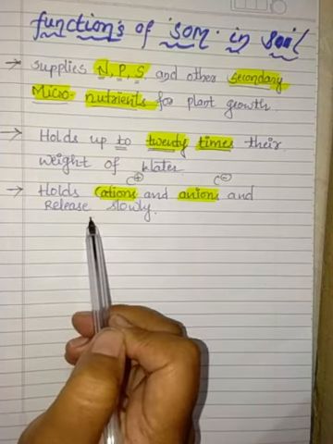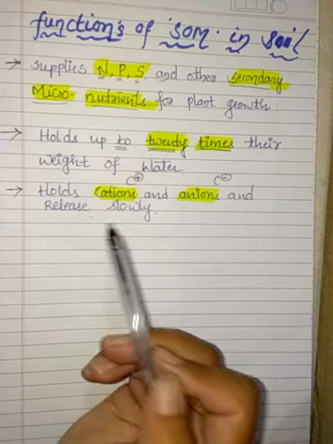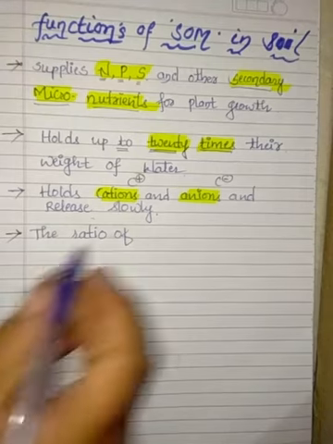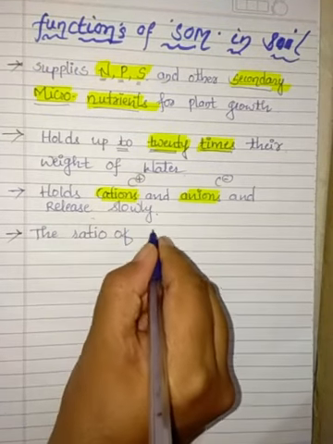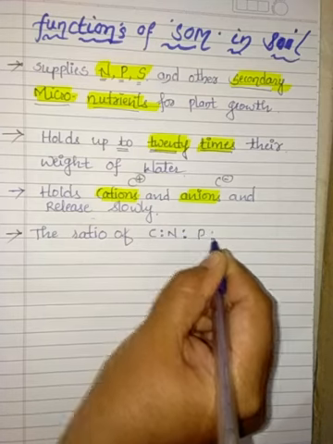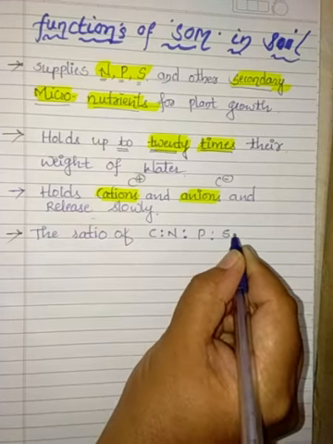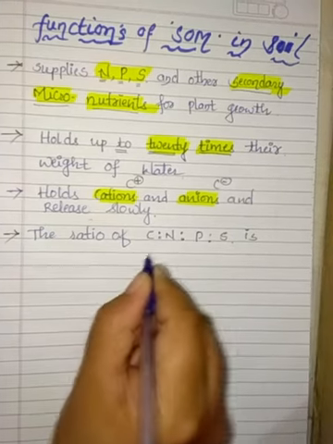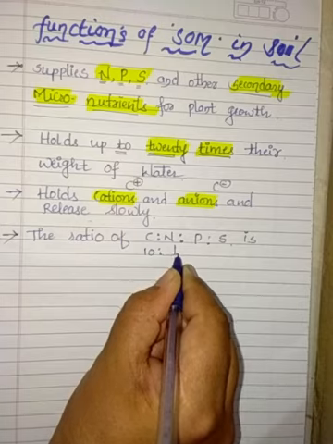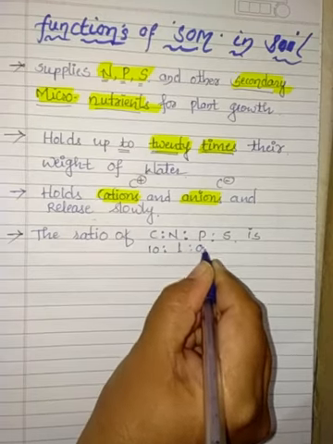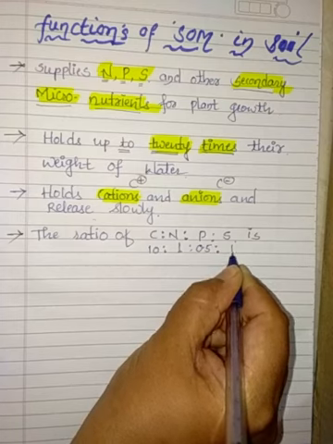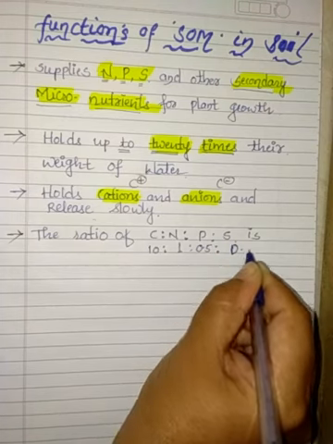Now the next, the ratio of carbon to nitrogen to phosphorus to sulfur is 10 to 1 to 0.5 to 0.1.